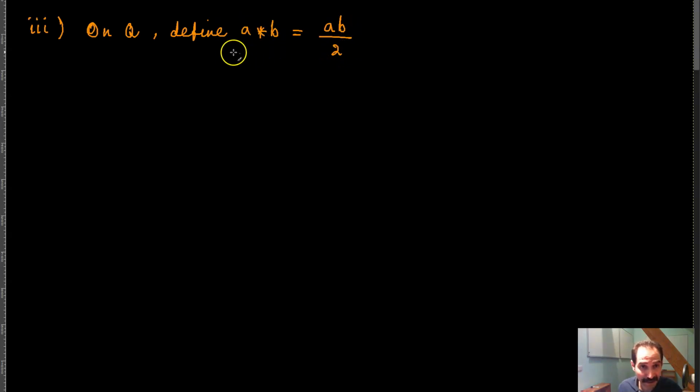So that means that any A comma B that you find in the Cartesian product of Q and Q, that basically means that A and B belong to Q, of course. So then you have two rational numbers, and you're just simply multiplying them together. So in multiplication, the order doesn't matter. So of course, it is going to be commutative.